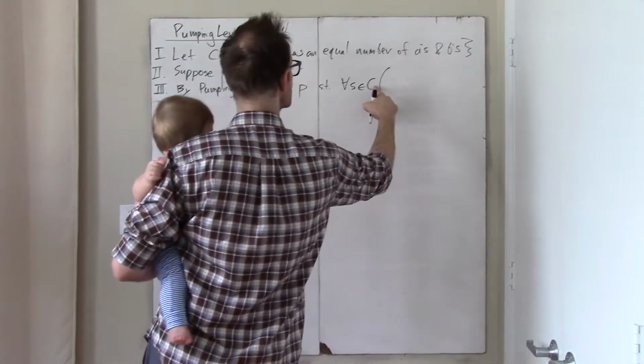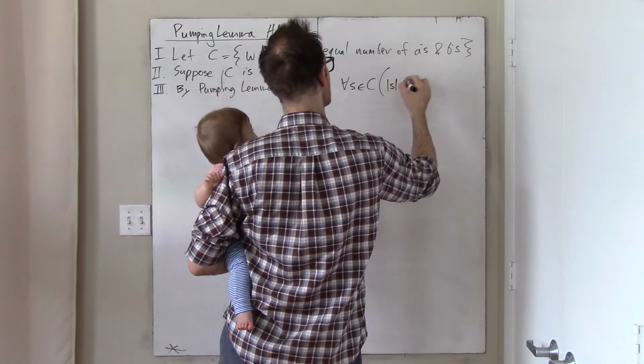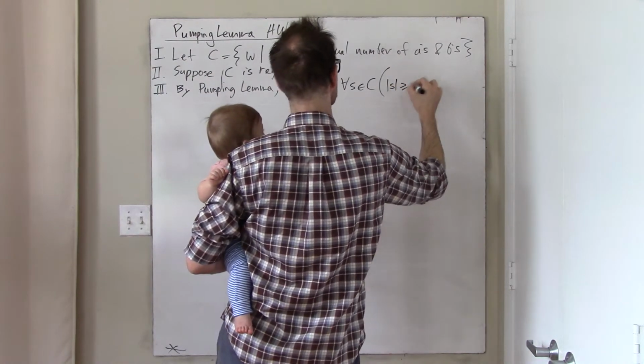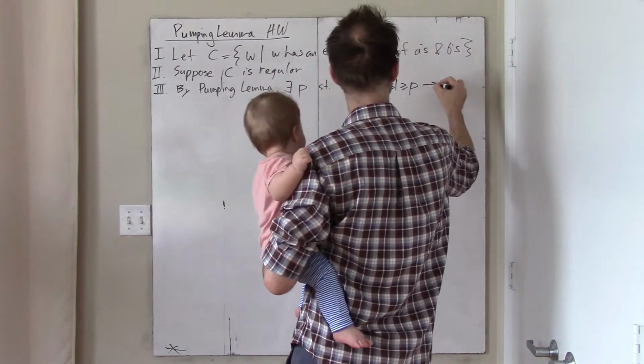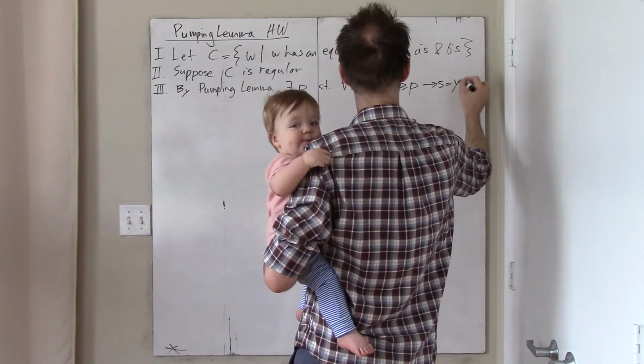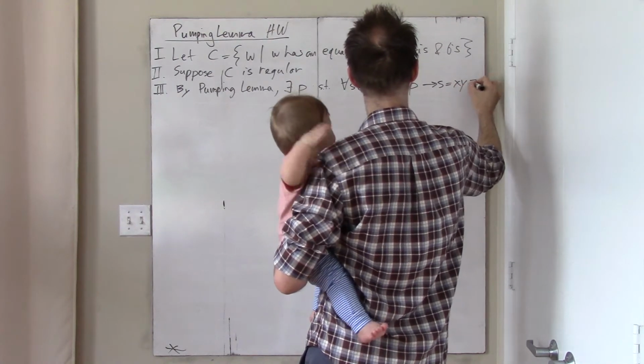So for all strings S in C, if the length of S is greater than or equal to P, I think it's greater than or equal to, right? Yes. Then S can be partitioned into 3 substrings, X, Y, and Z.